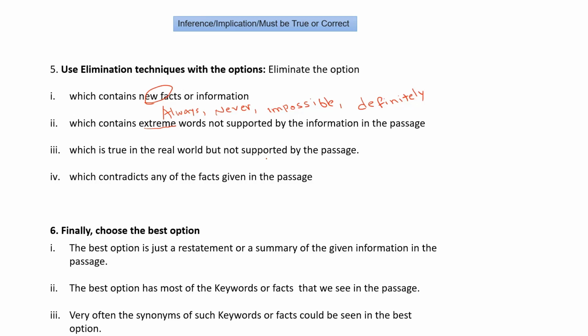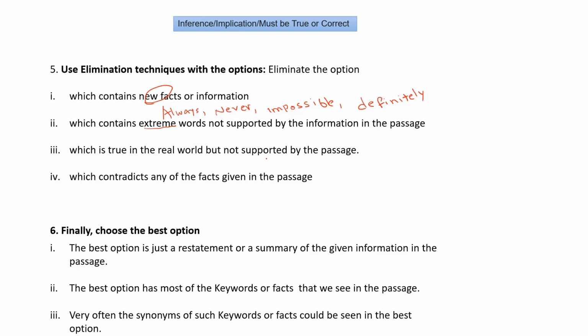And finally, choose the best option, right? By using these elimination techniques, very often you eliminate two options and you are stuck between two options, and you need to choose one between the remaining two. For that, you have a choice technique on how to choose the best option.